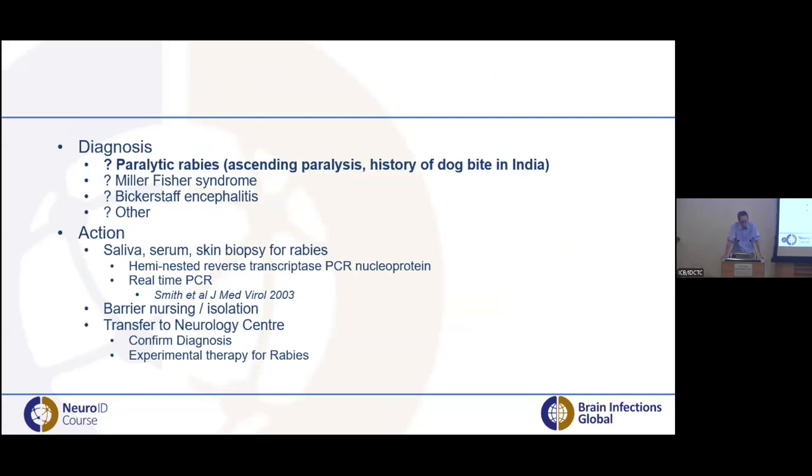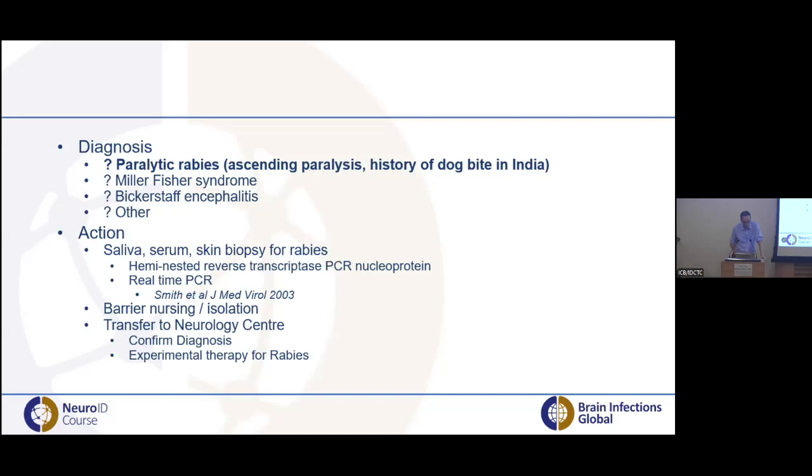Because although rabies is known for causing encephalitis, it can also cause a flaccid paralysis. And long story short, there are other rare neurological diseases that it could have been, but I said we need to be worried about rabies, and we did some testing.